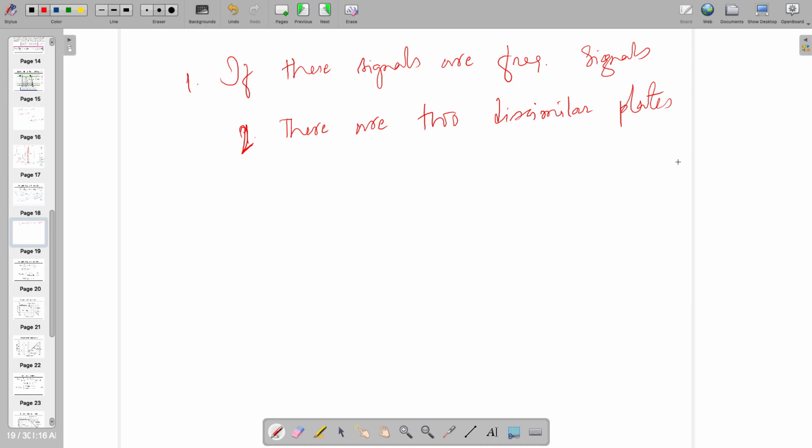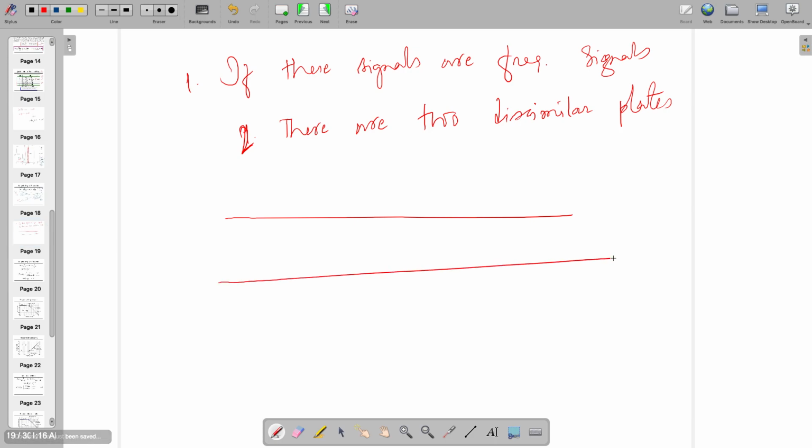Okay, so if there are two dissimilar plates, when I say two dissimilar plates, it means there are two wires, two plates, which have different voltages. Here if it is DC equal to 1 volt, or if I am saying 1 volt 1 kilohertz and 1 volt 1 kilohertz, then this rule doesn't hold, right?